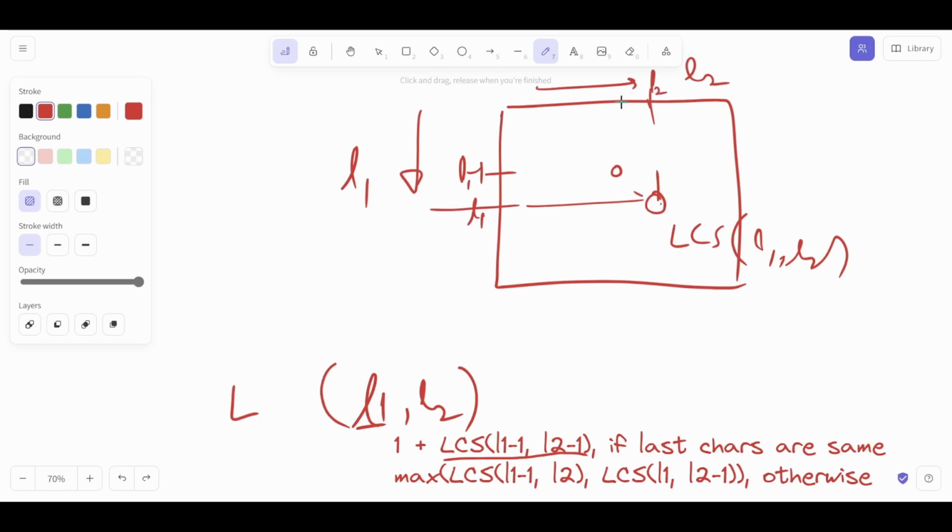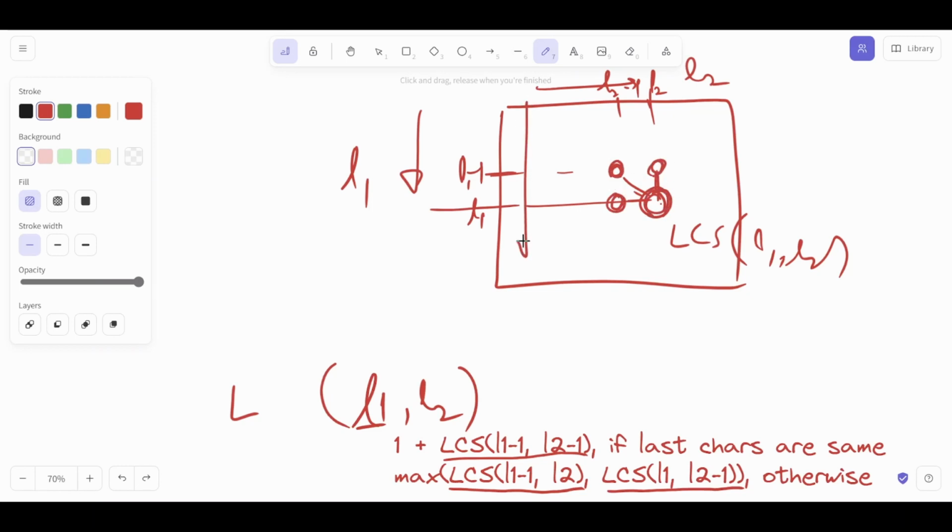Similarly, this will be your L2, and this will be your L2 minus 1. So L1 minus 1, L2 minus 1 will be here. Another one will be LCS of L1 minus 1 comma L2, which will be here. And the last one, LCS of L1 comma L2 minus 1, will be here. So this number will be dependent on these three numbers. So we have to fill these three numbers before filling this, right?